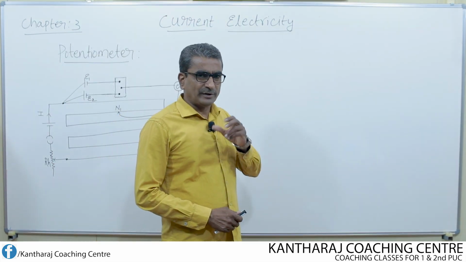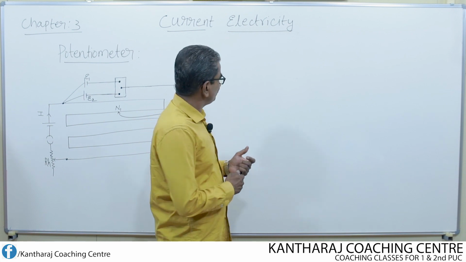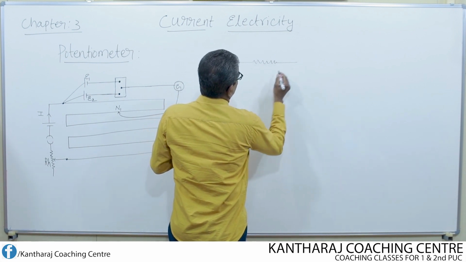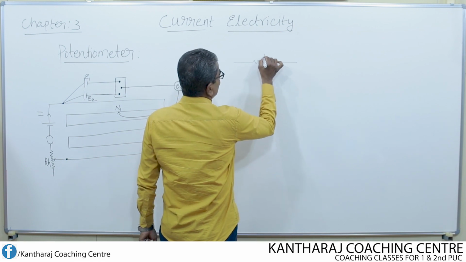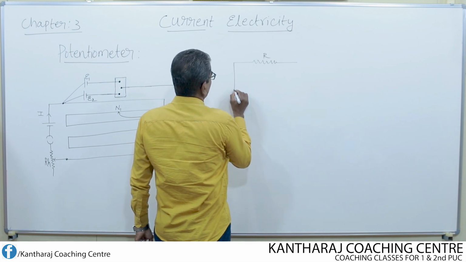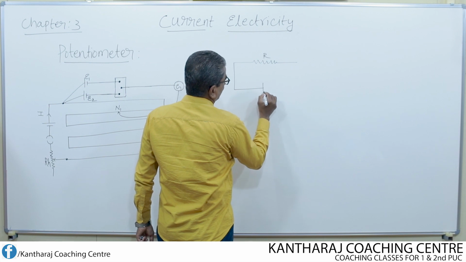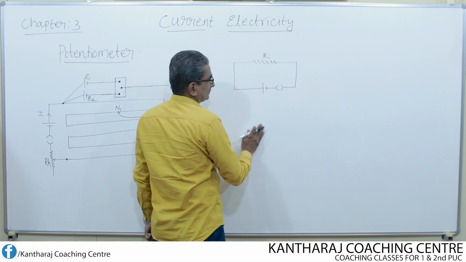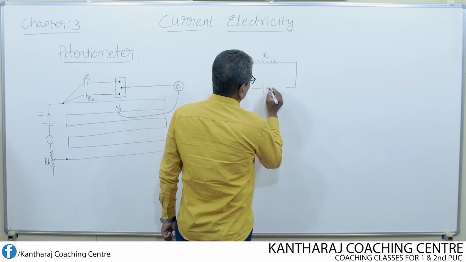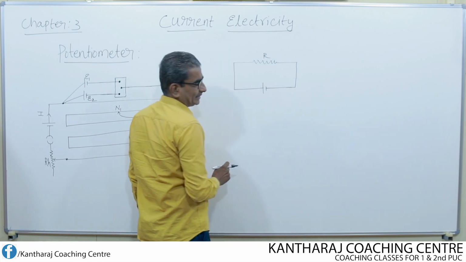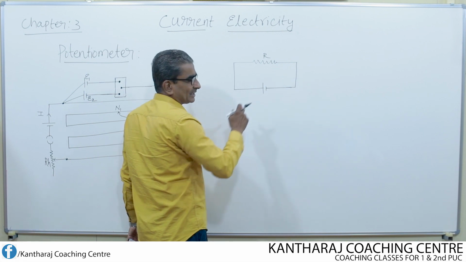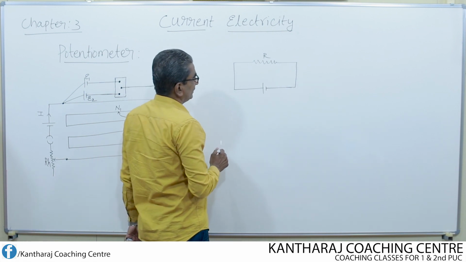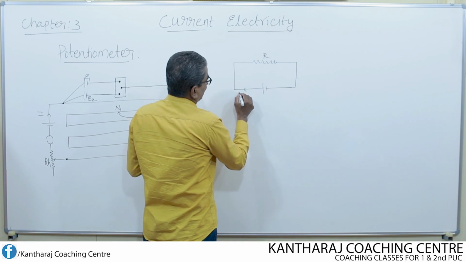Suppose I consider one circuit which consists of a resistor of resistance R whose ends are connected to a cell through a plug key, or even directly it can be connected. Now what happens? Current starts flowing through this resistor. Let I be the current.